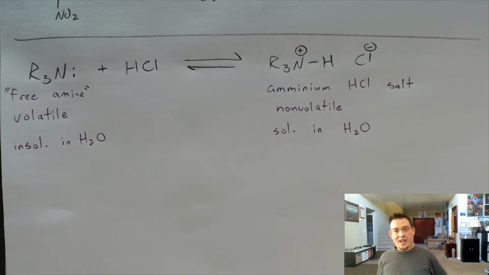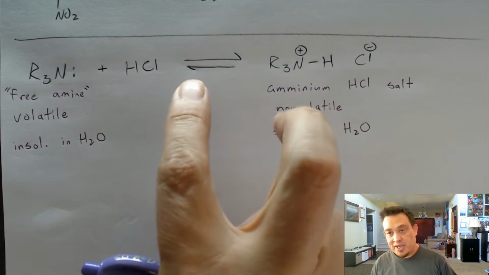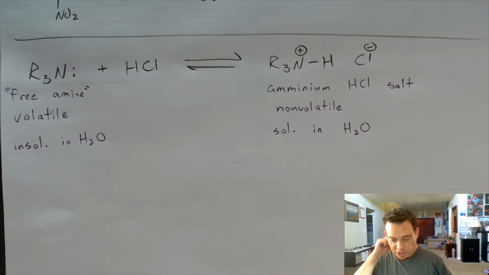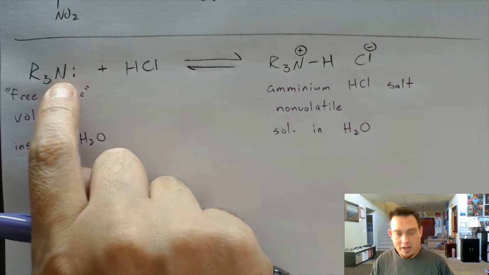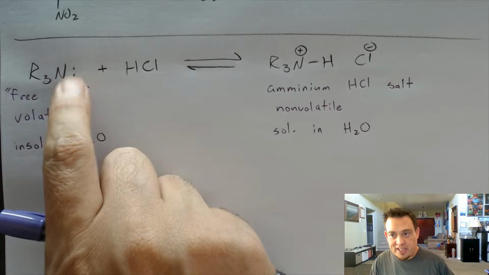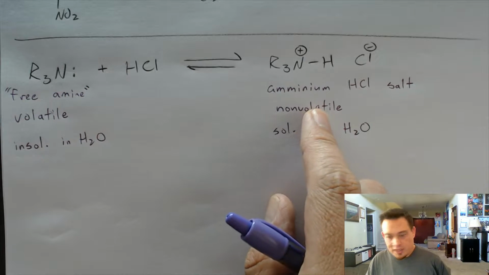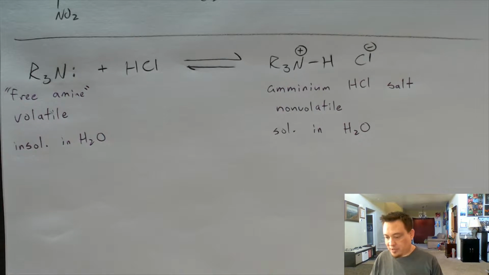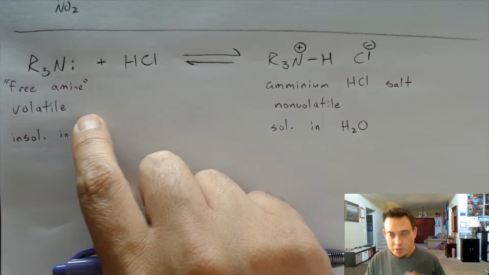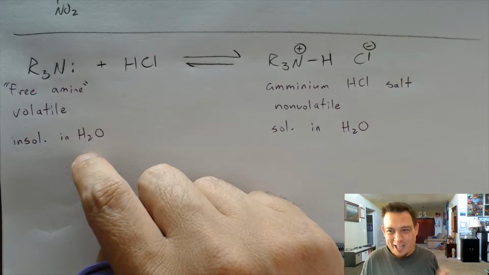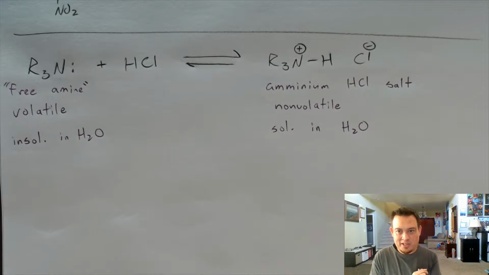So once again, to summarize, we did this chemistry in lab during 241 last semester, where we had an amine compound dissolved in ether. We treated it with HCl to put it into the aqueous phase. You then treated the aqueous phase with base to bring it back to this form, and then you filtered it out. If you have really good memories, that was the yellow compound in the acid-base extraction lab.